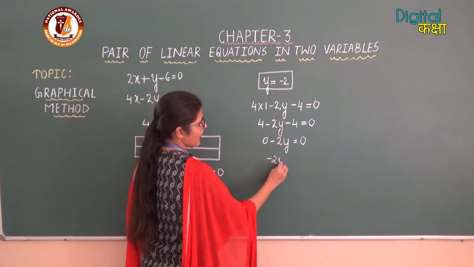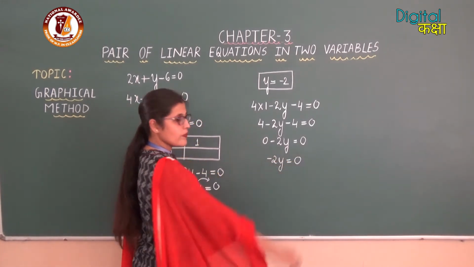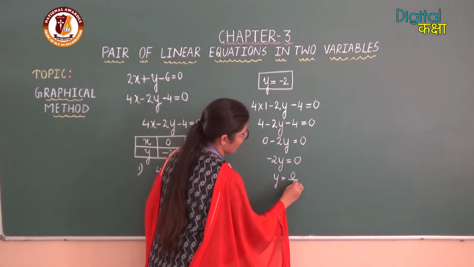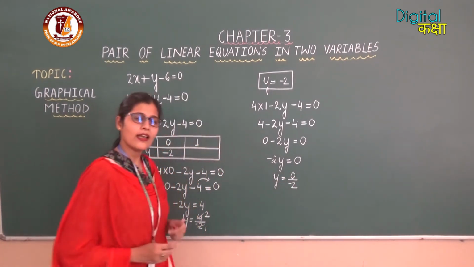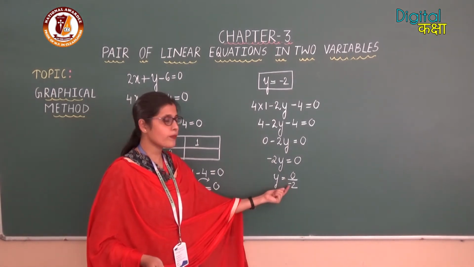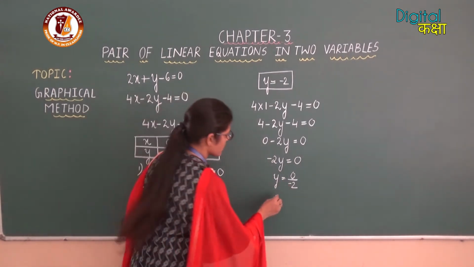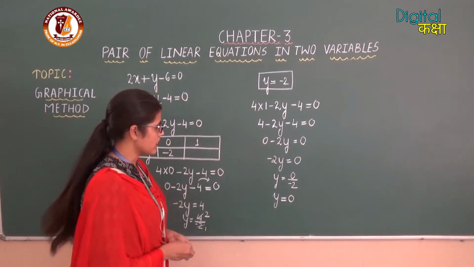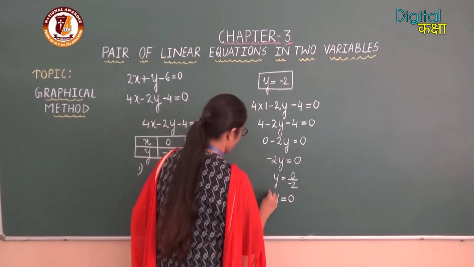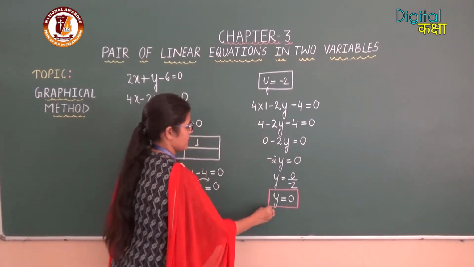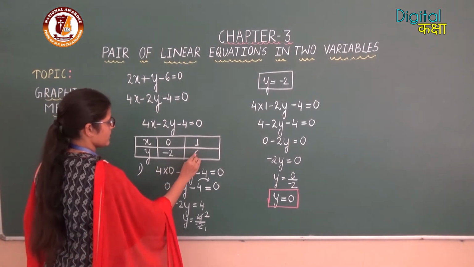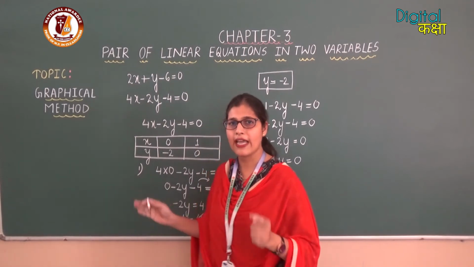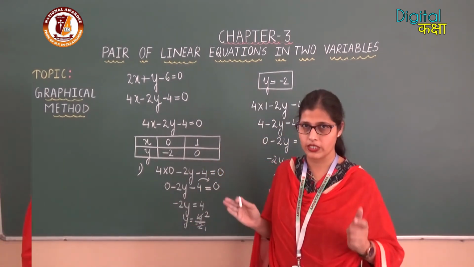That means minus 2y will be equal to 0. So, the value of y will be 0 upon minus 2. And as we know that 0 upon anything will be 0. So, the value of y will be equal to 0 for x equals 1. Up till now, we got the values of x and y for both the equations.